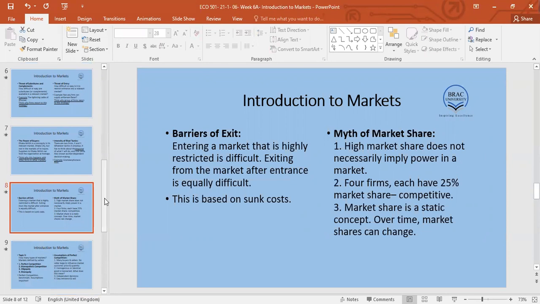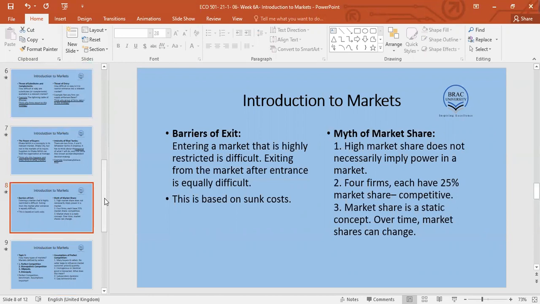Now, if entrance into a market is difficult for whatever reasons, which we will look at later on, then exit from the market is equally difficult. If we decide to set up a telecom company today in Bangladesh, we cannot just think, okay, tomorrow morning I'm going to leave, because it requires huge financial capacity.